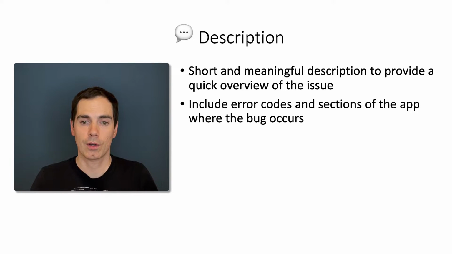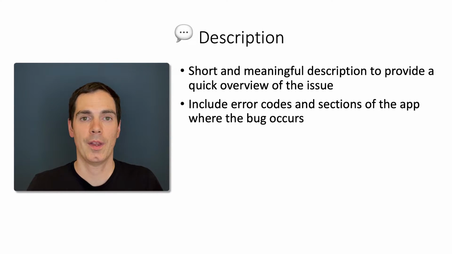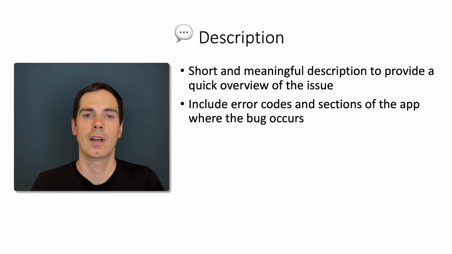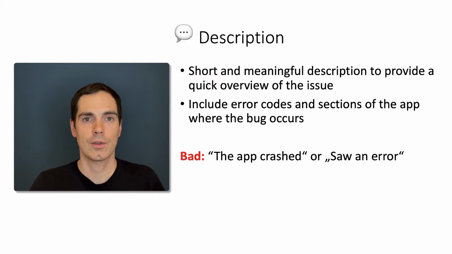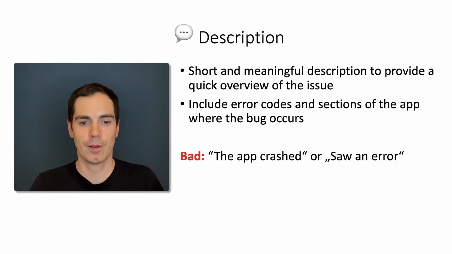You should include error codes and sections of the app where the bug occurs, because this already gives a really good overview for developers, for example, or for product managers, where to categorize this bug, or maybe a developer knows already, in that section I just changed some lines of code and this might be an effect of the changes. Again, here are two examples of something bad and something good.